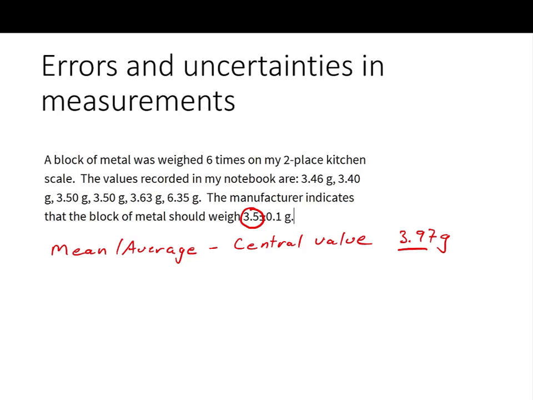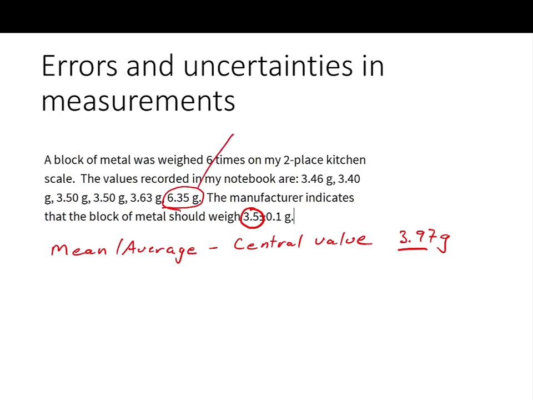And if we take a look at the set of numbers that I've got, something comes out, and it looks like I may have made either an experimental error in making that measurement, or I might have made a personal error. I might have transcribed these numbers incorrectly.